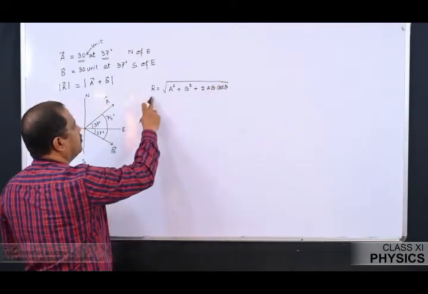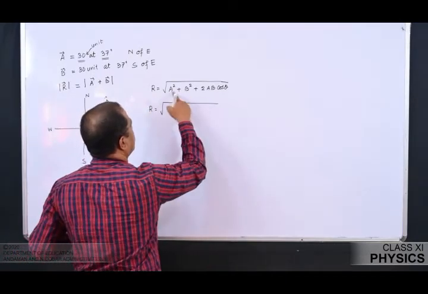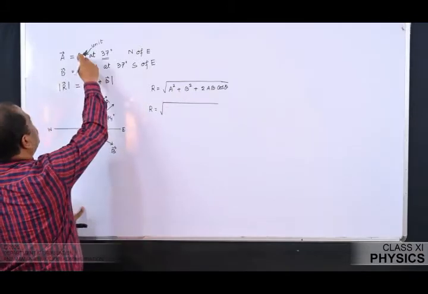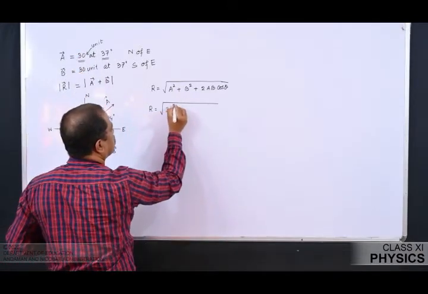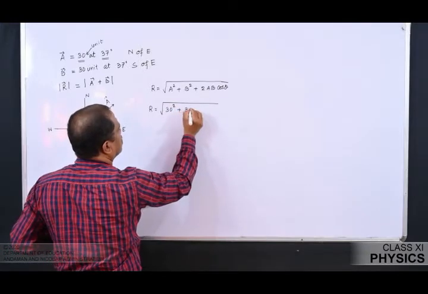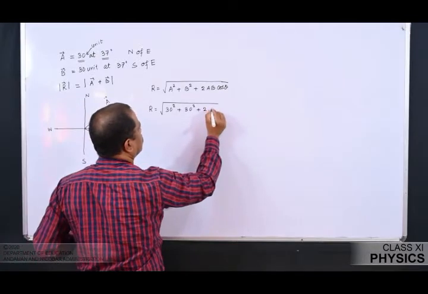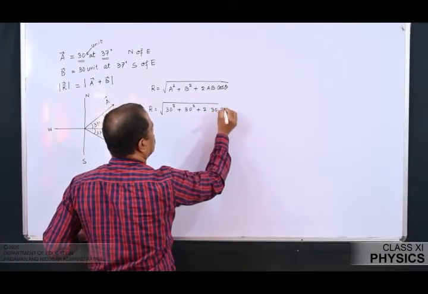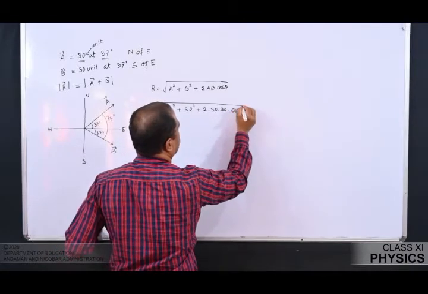I have to find the magnitude of R. Magnitude of A is 30, magnitude of B is 30, so this is under root of 30 square plus 30 square plus 2 times 30 times 30 and cosine of theta.